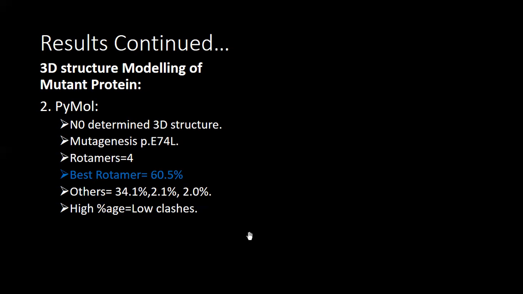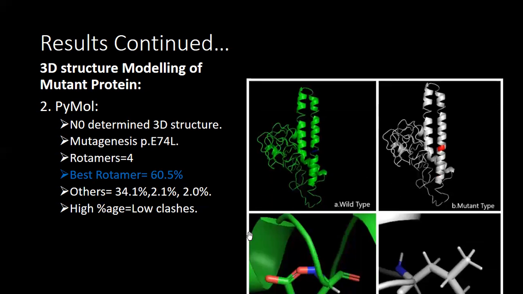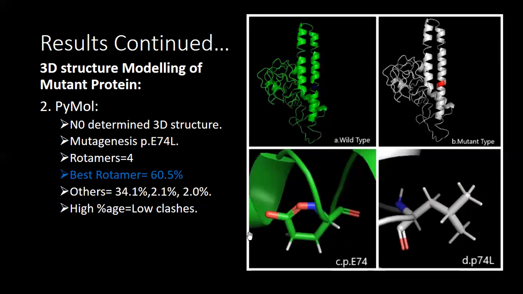The other rotamers were 34.1%, 2.1%, and 2%. And also we can say a high percentage equals low clashes. And this is the 3D structure of the wild type.